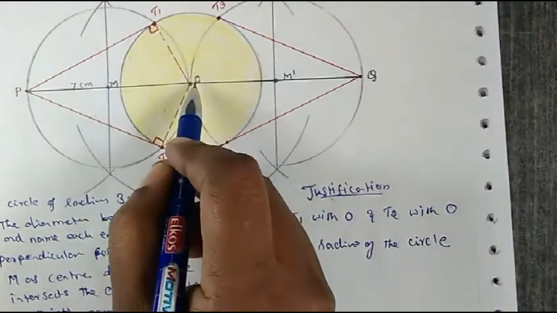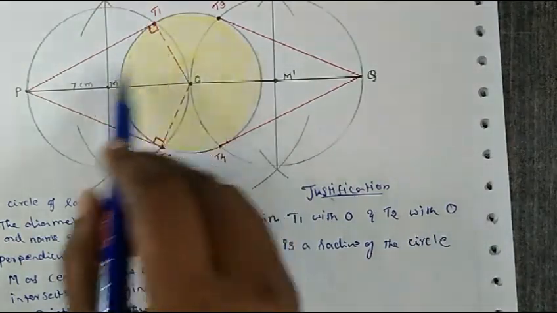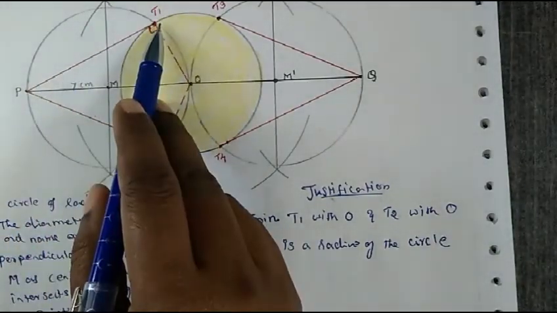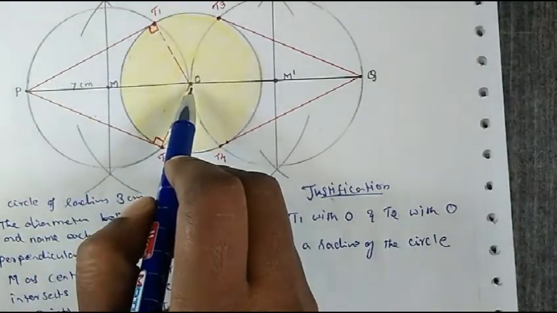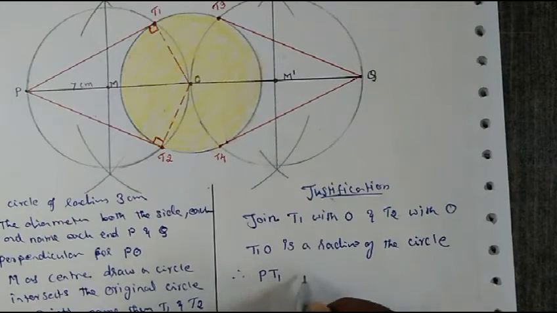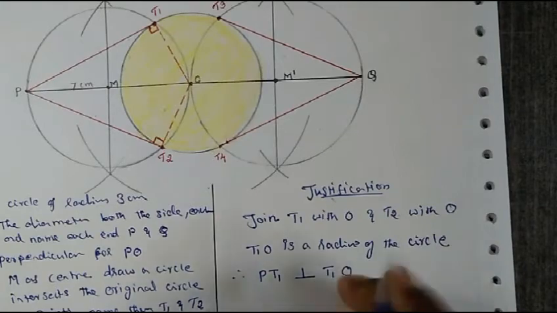This is the radius of the circle, and therefore PT1 will be perpendicular to the radius, so PT1 will be perpendicular to T1O.